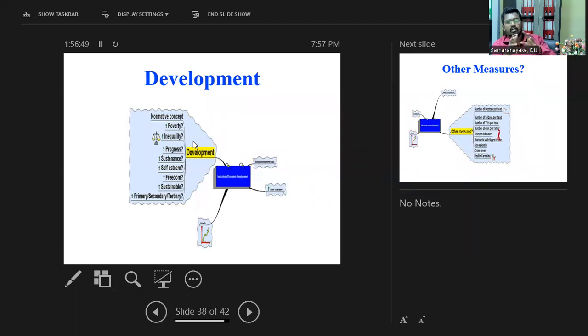All these things are components within development. It's multi-dimensional, a big thing. Then this whole thing also reflects economic development.